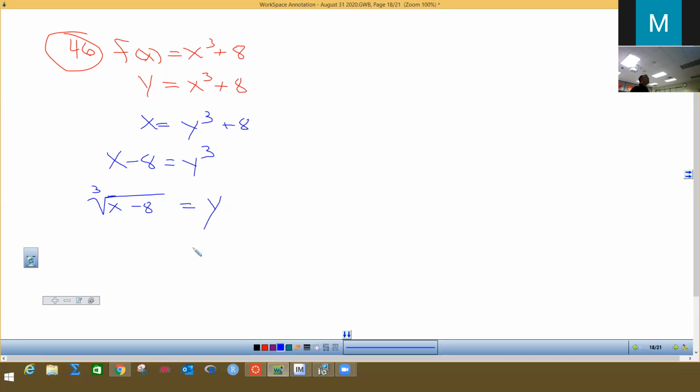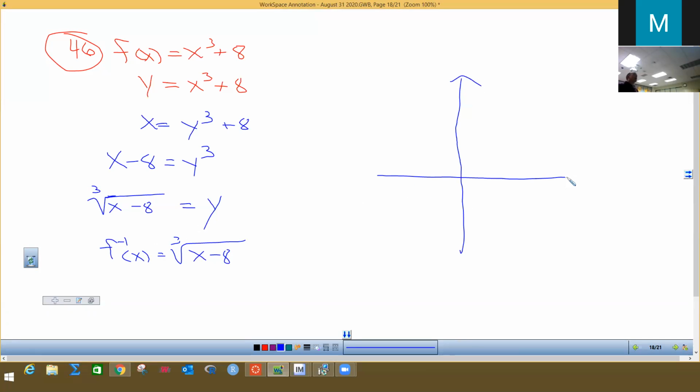When you cube root it, you get y. You don't put plus or minus when you cube root. Anytime you have an even power, you're supposed to put plus or minus. Whenever you have an odd power, you just keep the sign the same. So this is the equation. The inverse function, you put this back in place of the y, is equal to the cube root of x minus 8.